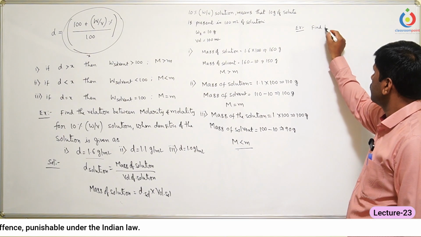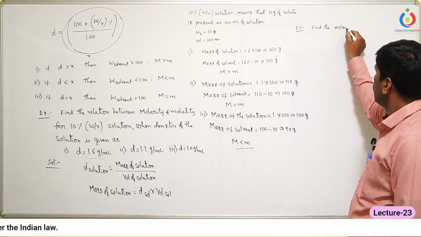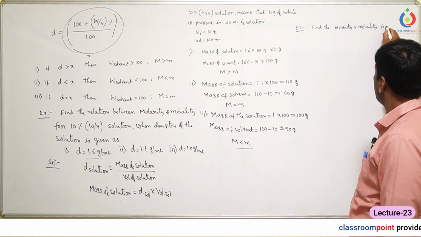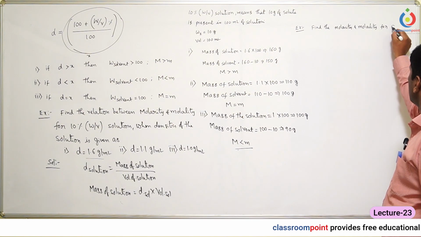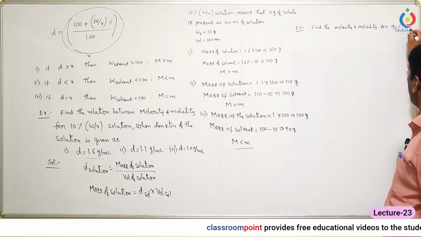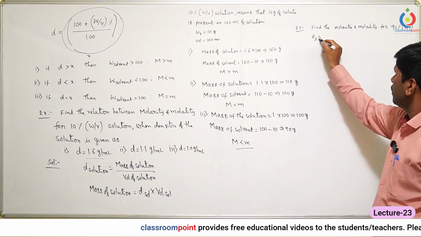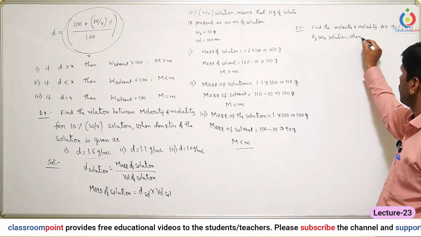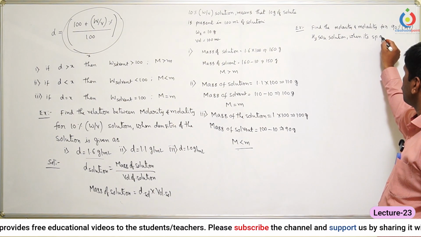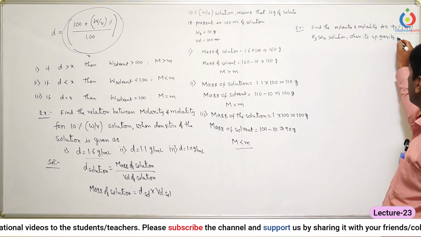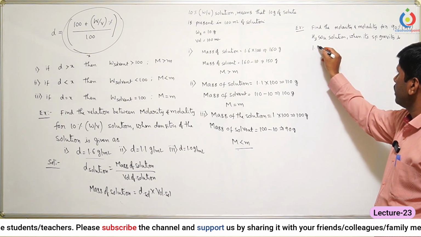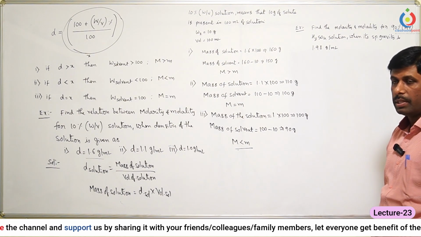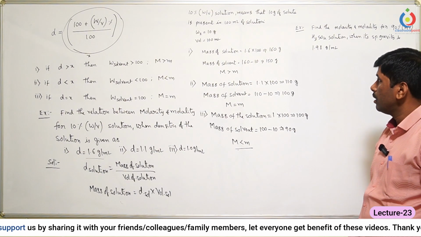Find the molarity and molality for 90% weight by volume H2SO4 solution when its specific gravity is 1.98 grams per ml.